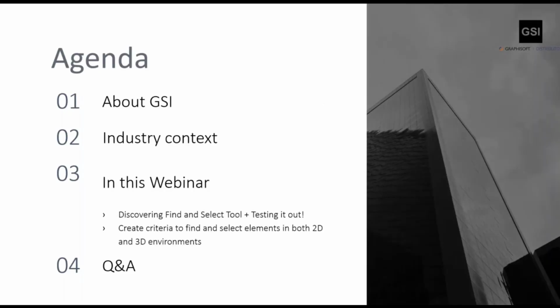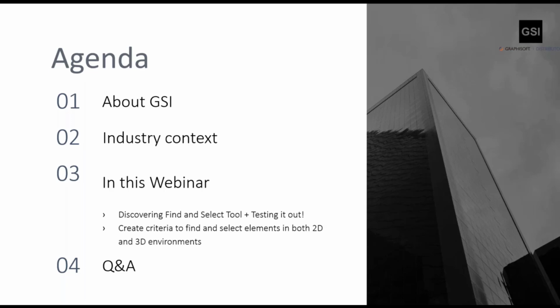In this webinar, we will cover the following topics. The first one will be an overview of GSI. The next one is the Find and Select tool in Archicad, including how to unlock the power of selecting elements from your design area. We will learn how to create criteria to find and select elements in both 2D and 3D environments.